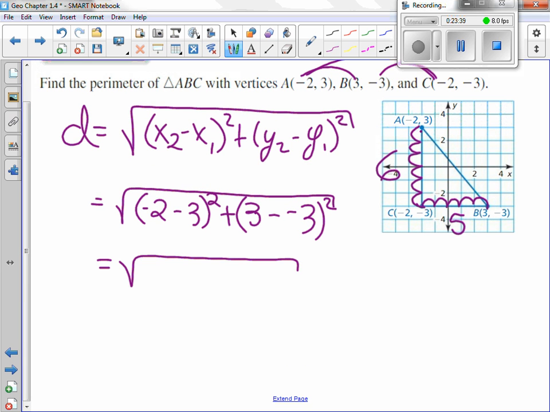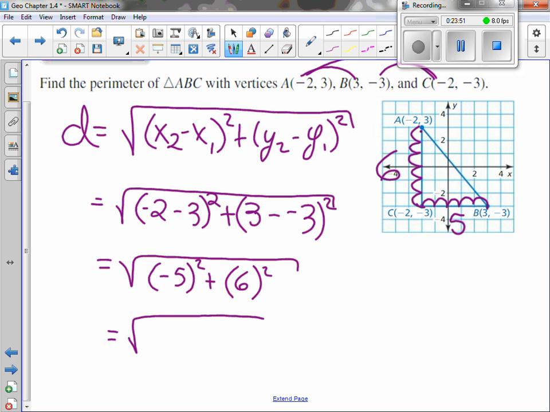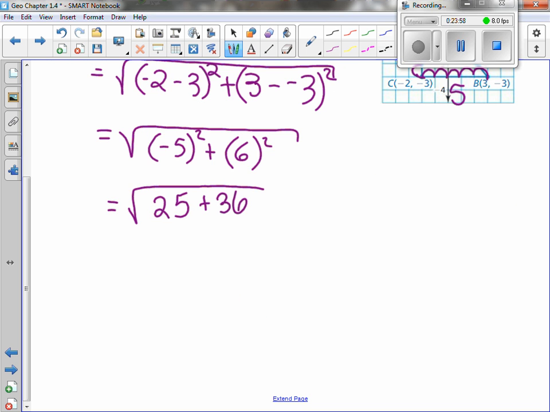Now, if we do this by hand, -2 minus 3 is -5. A negative and negative will make a positive, so that gives us 6. -5 squared is 25. 6 squared is 36. 25 plus 36 is 61.